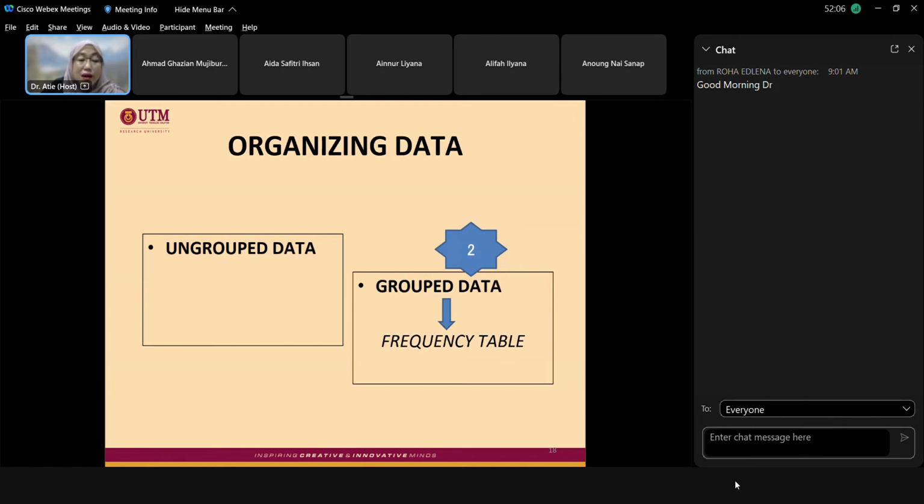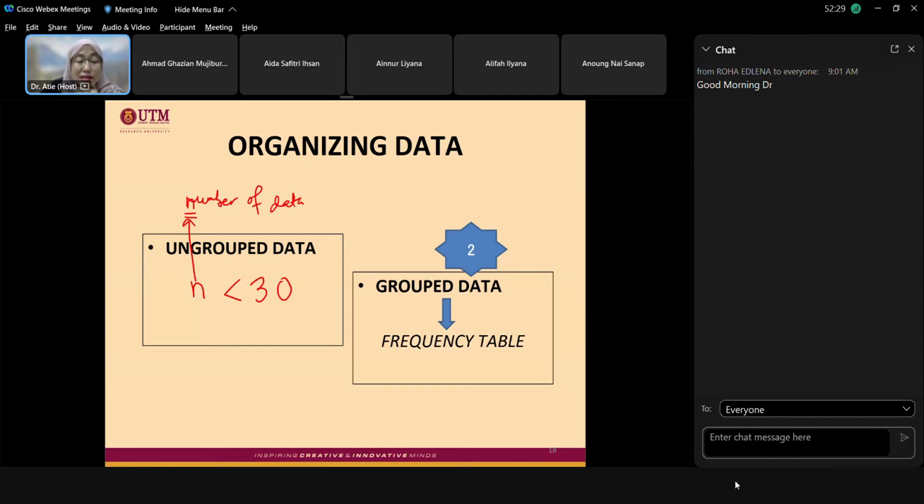For ungrouped data, when we have a very small data set, in statistics, the n, n is the number of data. That's the reason we use small n.